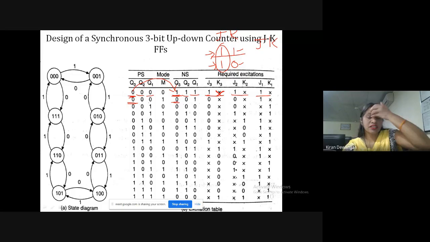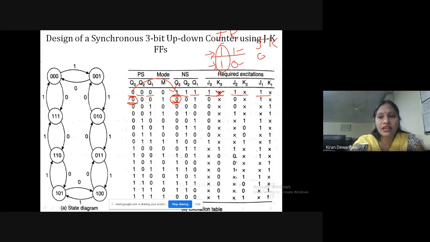Can anybody reply? What should be the combinations? If the present state is 0 and the next state is also 0, तो कौन कौन से combinations में होगा? J K combination can be either 0 0 or else 0 1.